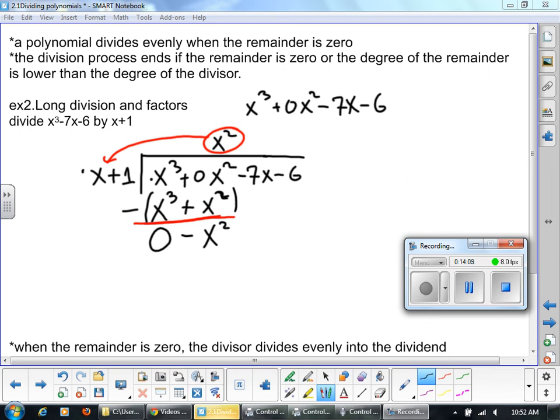It can be plus. It doesn't really matter. In any case, you're going to have 0x squared minus positive x squared, which is going to give you a negative x squared. Once you reach this point, you just start dropping other terms. So we're going to drop negative 7x, and we're going to repeat this step.